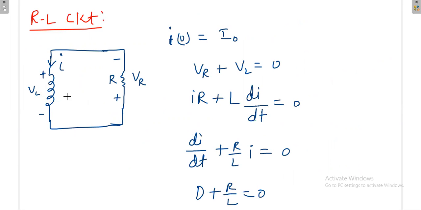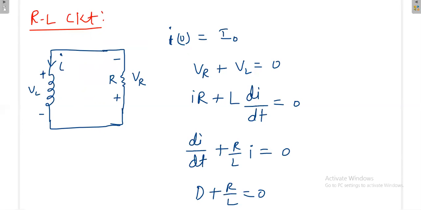But actually in the beginning VL is really 0, because at steady state the inductor is like open at the time of switching, but after a period of time it becomes like a short. So the current is really going in this way only.